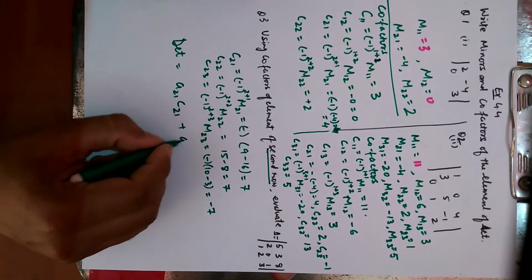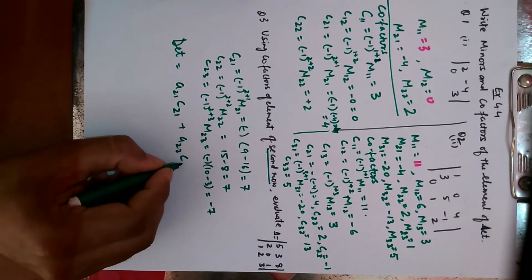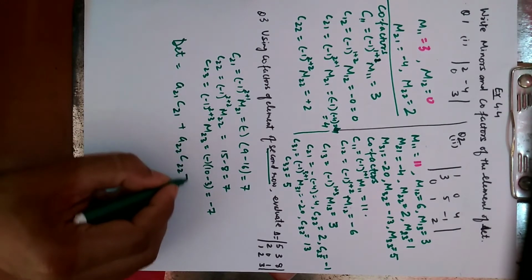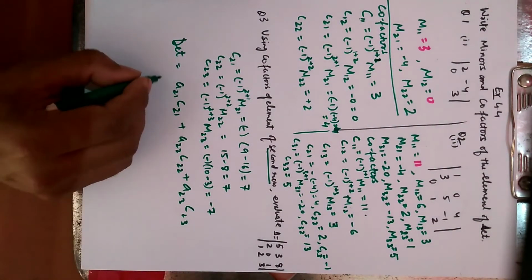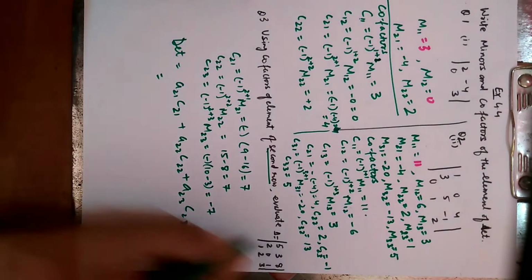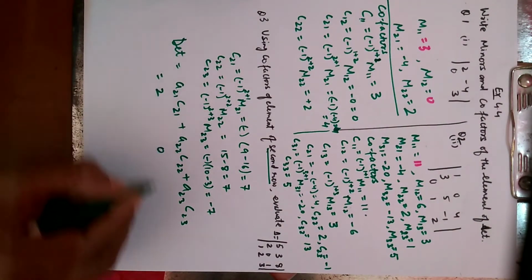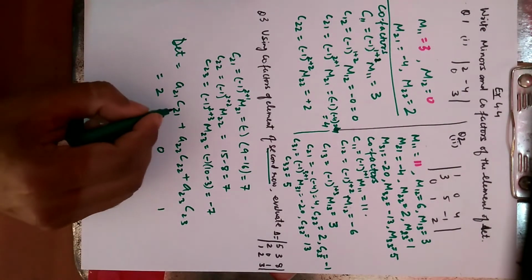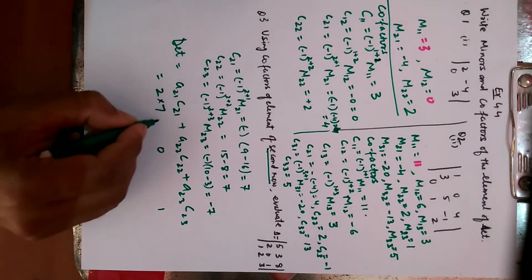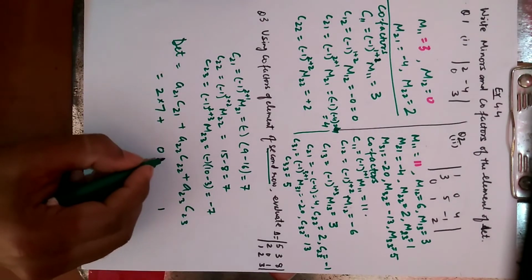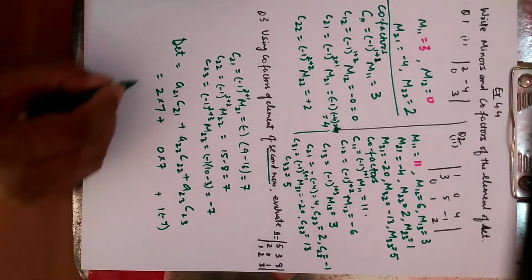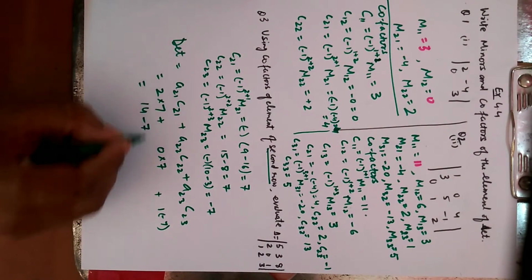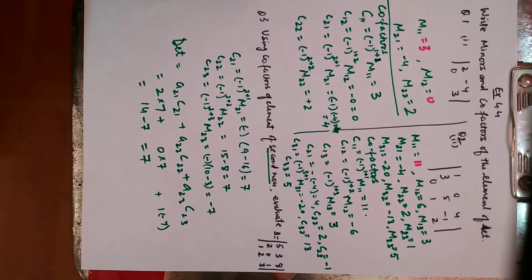Similarly A22 you multiply with C22, A23 with C23. So if you do like this, your value first is 2, then this is 0, and this is 1. C21 is 7, so this is 2 into 7, and this is minus 7. So this is 14 minus 7. The answer is 7.